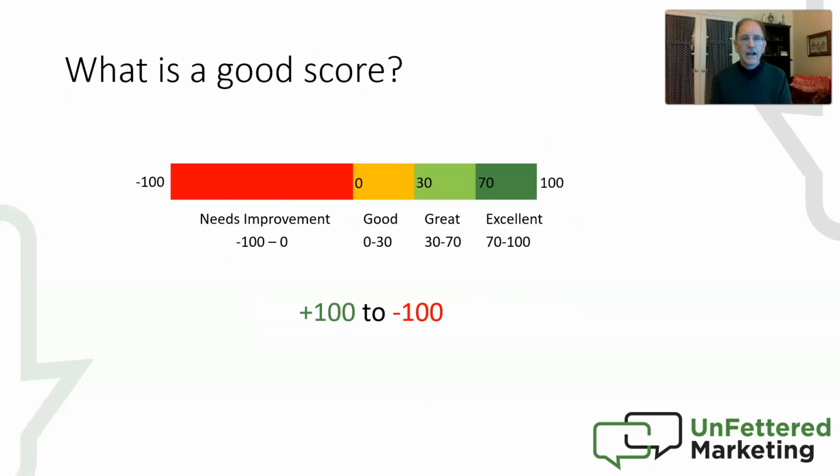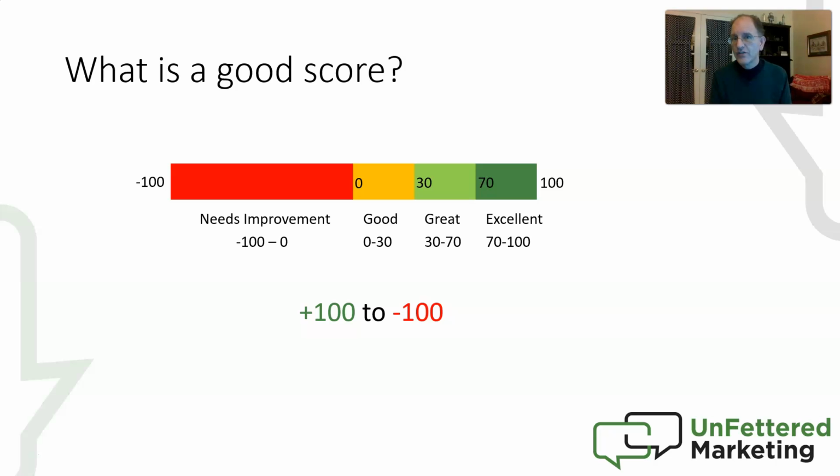Now, what's a good score? A lot of people ask that question. Well, the range is -100 to +100. So anything obviously in the negative column means that you have more detractors than you have promoters. So that's clearly not good. So anything over 0 means you have more promoters than you have detractors, which is a good thing.